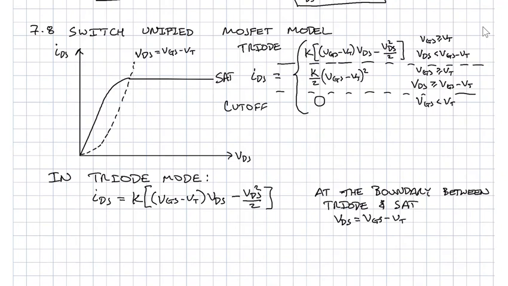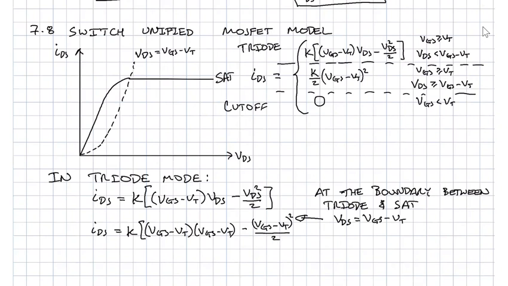And so if we just straightforwardly plug that right into our expression, we can say IDS is K times VGS minus VT, I won't skip steps just to be very explicit, minus VGS minus VT squared over 2.